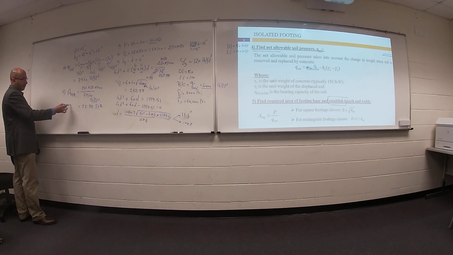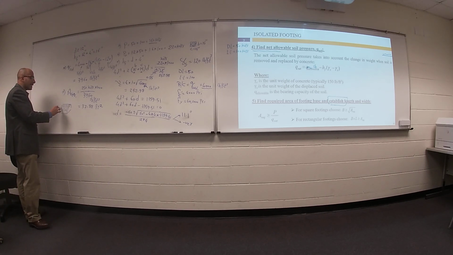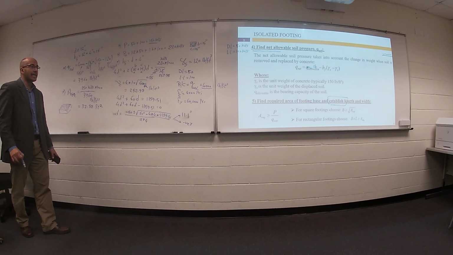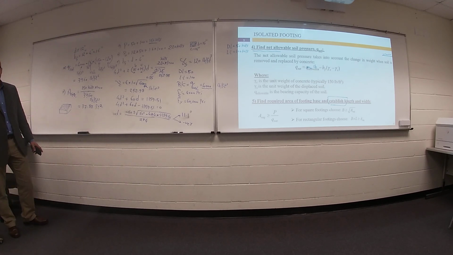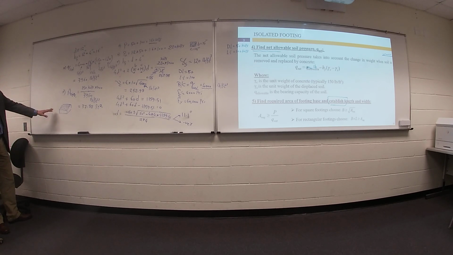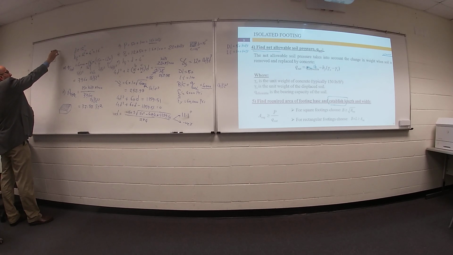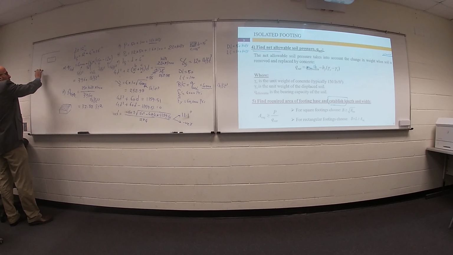Your area of footing must be 37.88 or greater. Most of the time, the shape of your footing looks like the shape of your column. What do you mean? If your column is rectangular, your footing will be rectangular.